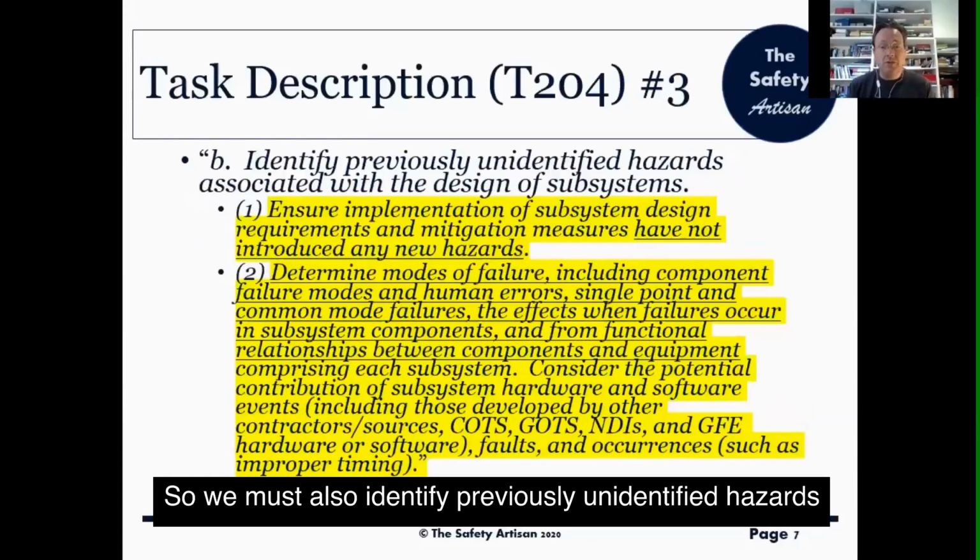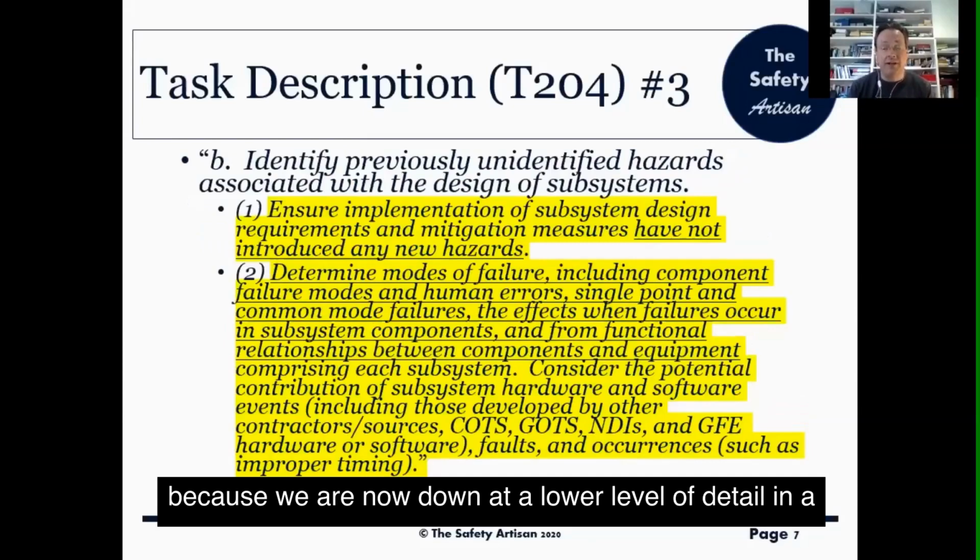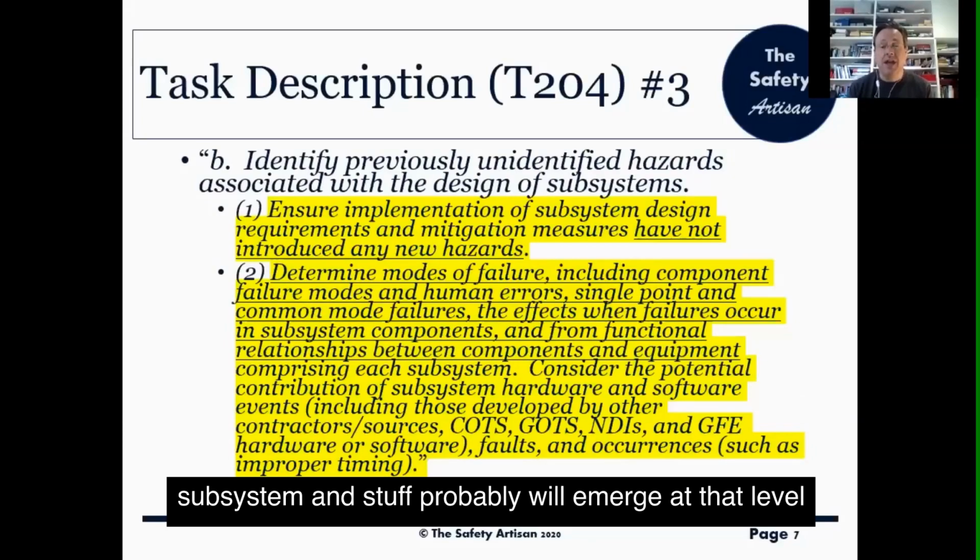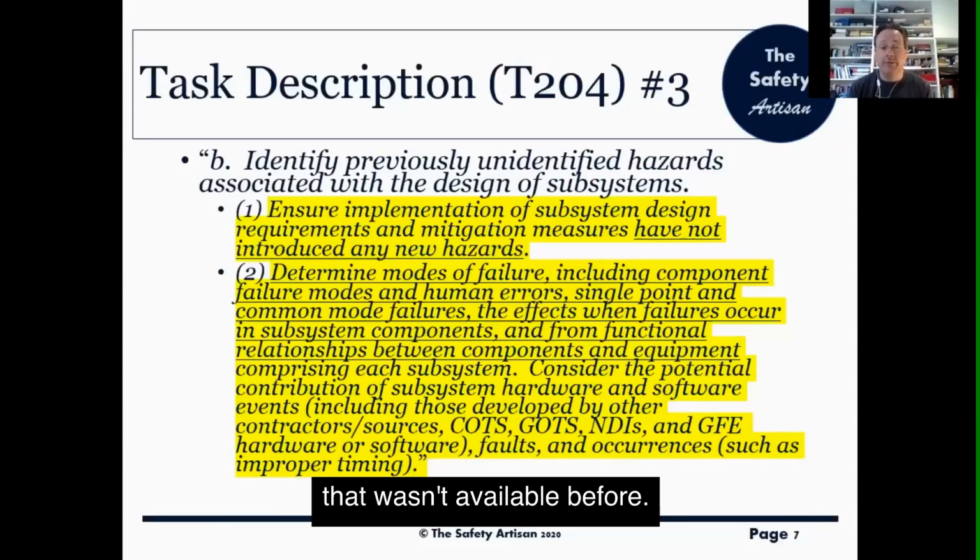Moving on. So we must also identify previously unidentified hazards, because we are now down at a lower level of detail in a subsystem, and stuff probably will emerge at that level that wasn't available before.